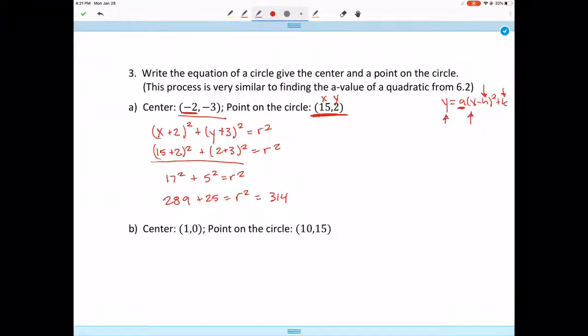So now we know what the radius squared is. All we would need to do is to substitute that in for r squared. Okay? So your final answer would be x plus 2, which is the same right here, squared, plus y plus 3 squared, which is the same as what we had there, equals 314. And that will be your answer.